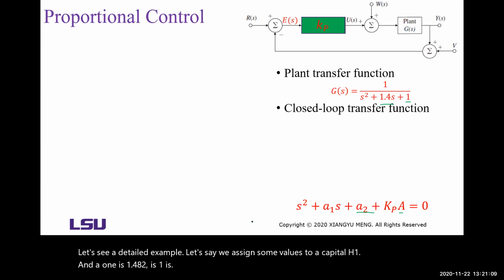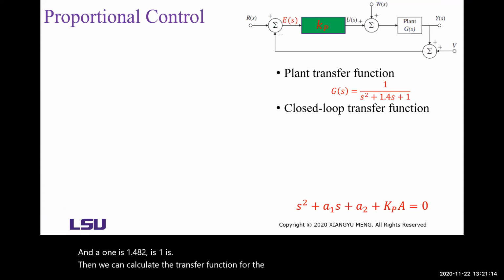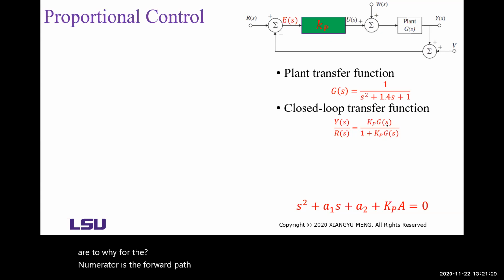Then we can calculate the transfer function for the closed loop system from R to Y. The numerator is the forward path gain, Kp G(s), over 1 minus the loop gain, which gives 1 plus Kp G(s). That is the closed loop transfer function.